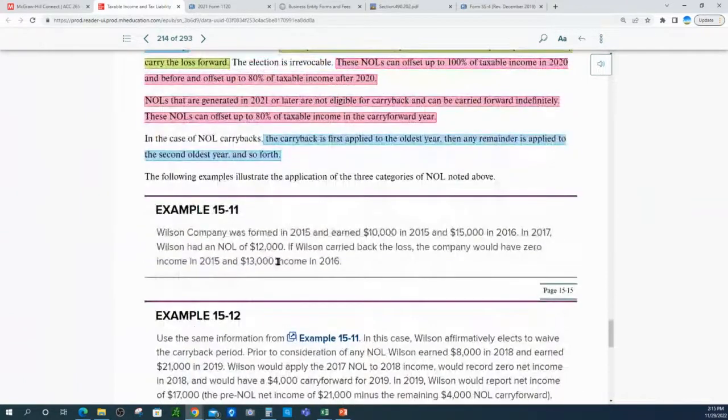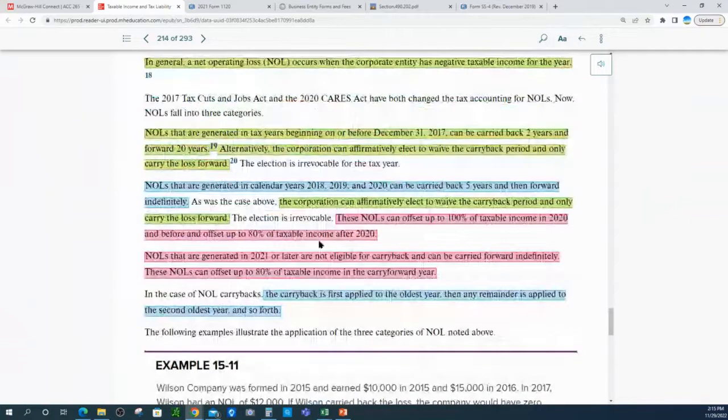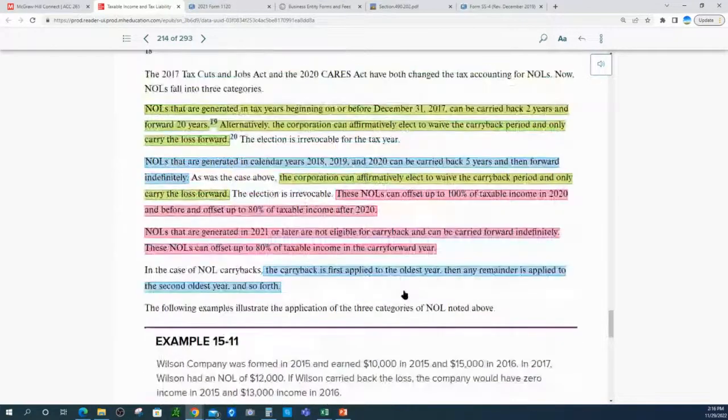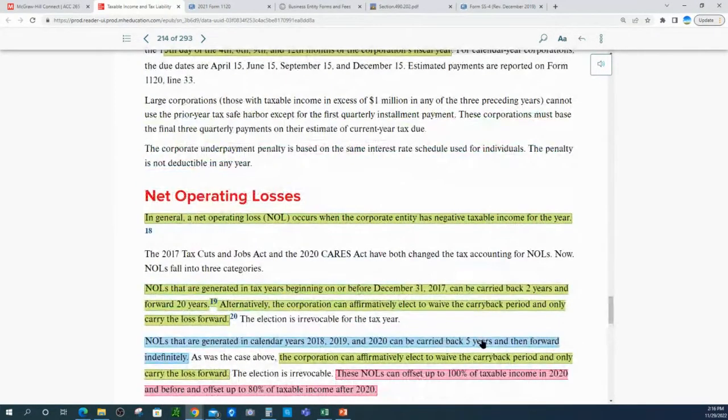Okay, so this was in 2017. This was generated on or before 2017. We can carry back 2 years. So NOL of 12,000, we'll offset that 10,000. And can we do 100% of it?